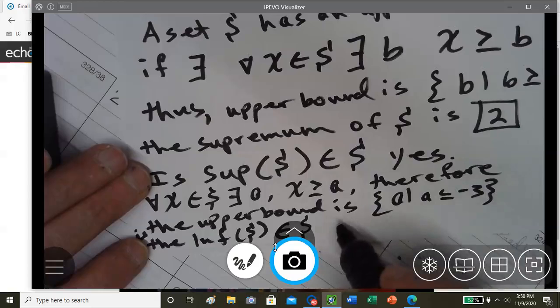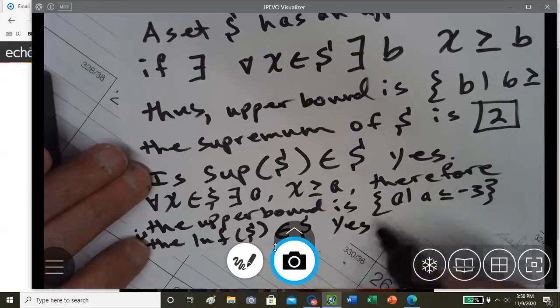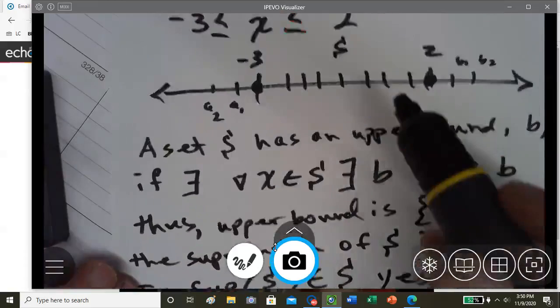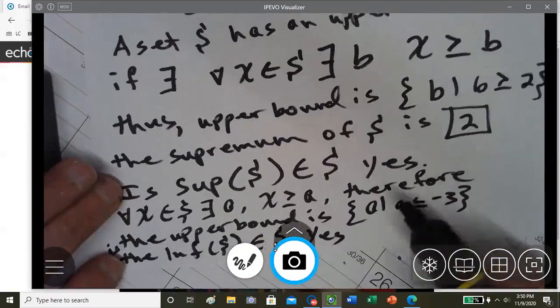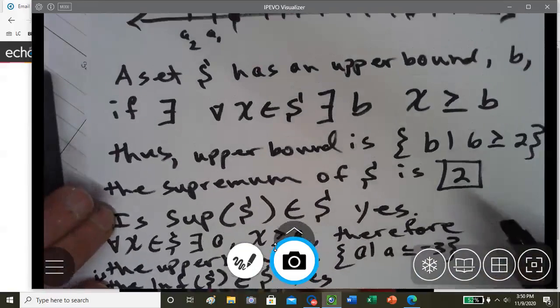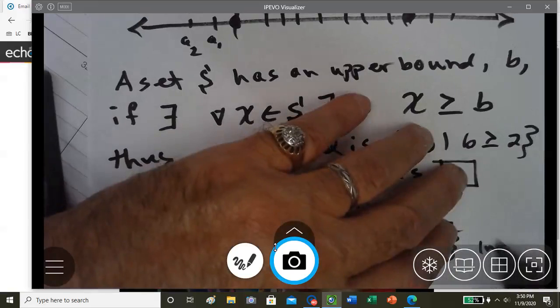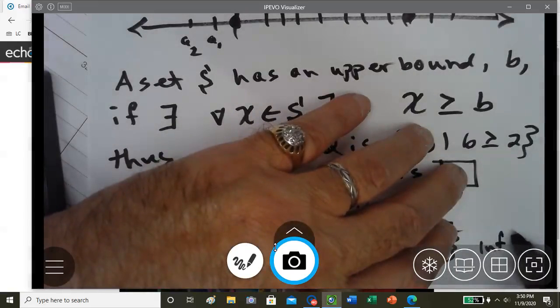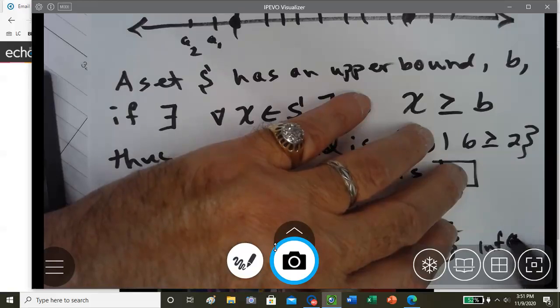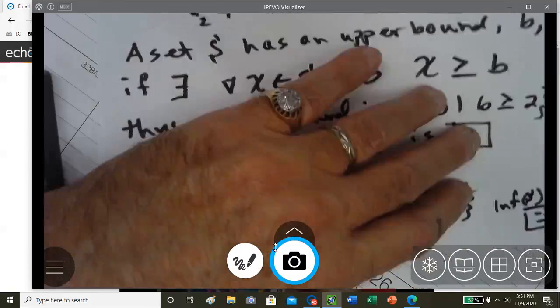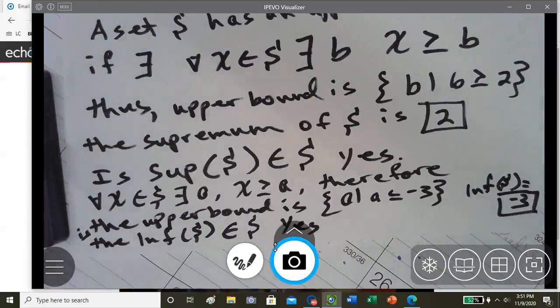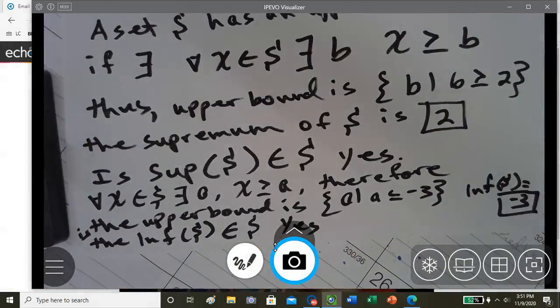And we can say yes, it is, because x is greater than or equal to negative 3, so it is. And so the infimum for set S is negative 3. Okay, and that concludes example 2.